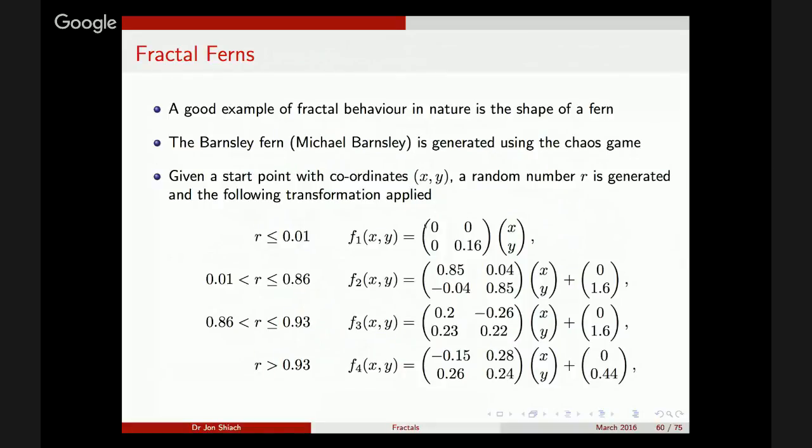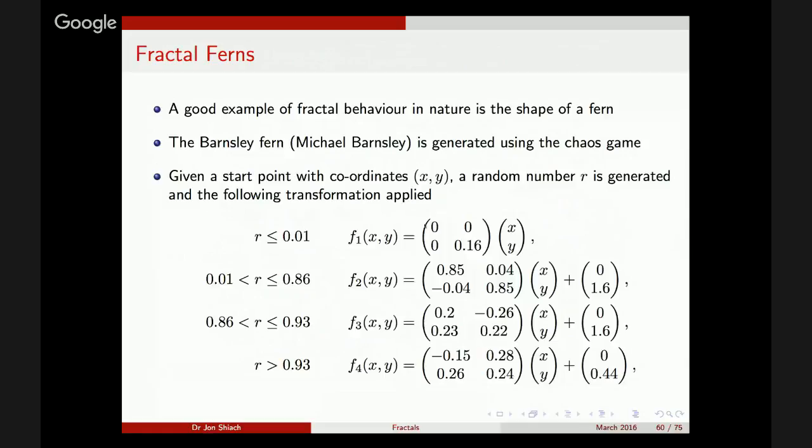Also, I mentioned at the beginning, ferns have a fractal nature. An English mathematician called Michael Barnsley found a way of generating ferns using the chaos game. So basically you're given a start point, so you've got coordinates of a start point, x and y, and you generate a random number between 0 and 1, and depending on what number you have, you apply one of these 4 translations.